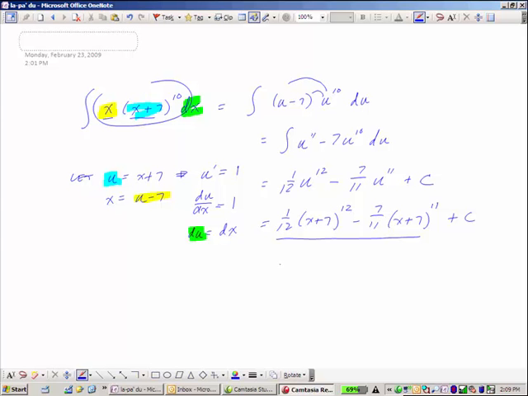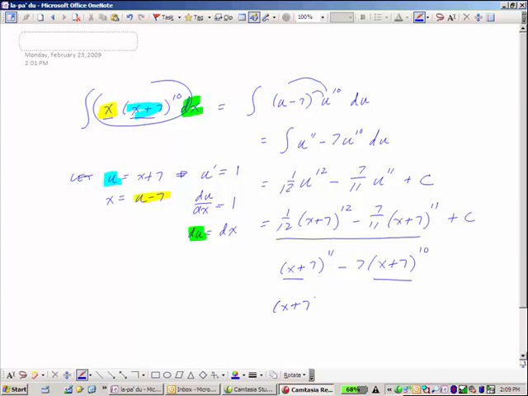I get x plus 7 to the 11th, right, minus 7 times x plus 7 to the 10th. I don't think so. Right? All right, so I could factor out what's common in both this and this.